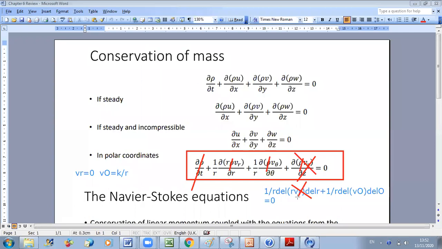And you got that V theta is K over R. This means that V theta is only a function of R. So when you derive with respect to theta, you get 0. So this derivative del V theta by del theta will be 0 because V theta is only a function of R. Then you can verify that this flow satisfies the incompressible continuity equation in polar coordinates.